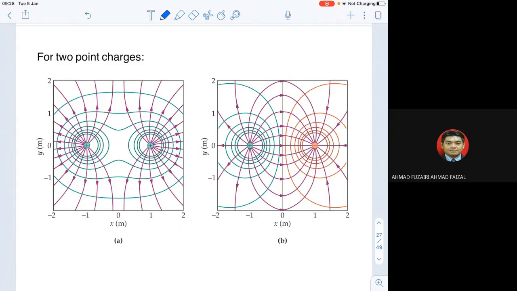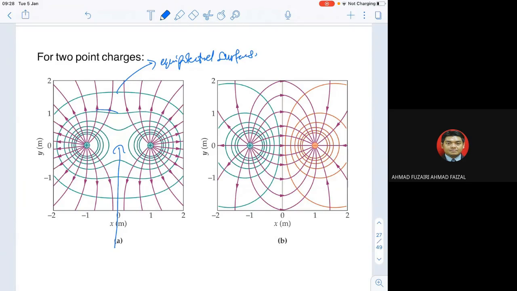But for the equipotential surface, look at the green line. It actually has some sort of blank area in the middle, but in the end you can see that they combine. This happens on the middle side.